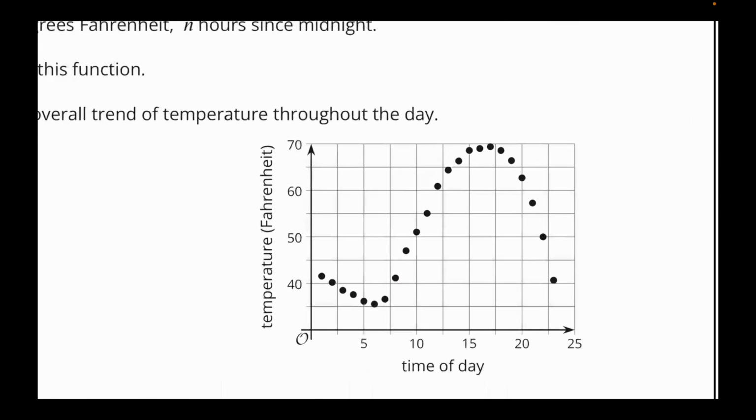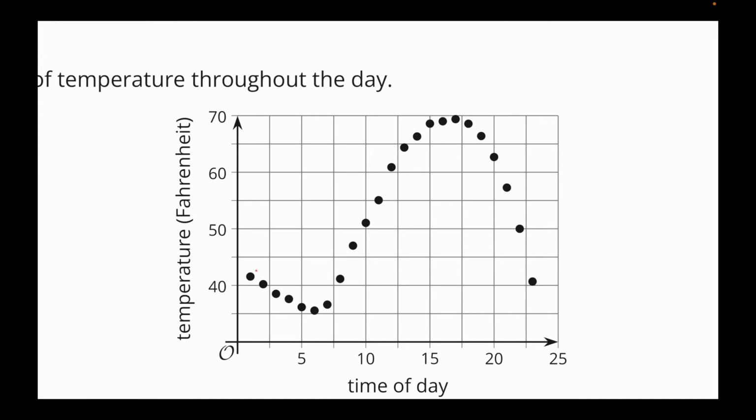So it looks like to me, it decreases a little bit until around like 6-ish. I guess when the sun rose, right? It's decreasing here. We have probably like midnight. So temperature is decreasing, sun's gonna rise, temperature goes up probably until around midday-ish. We can look at the actual time, and then decreases again as nighttime comes around.